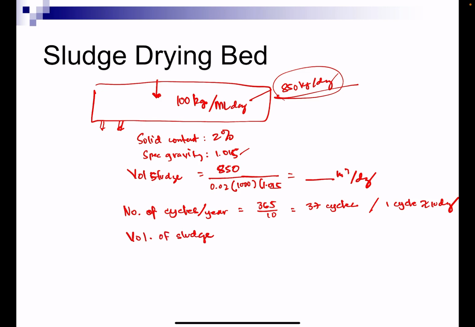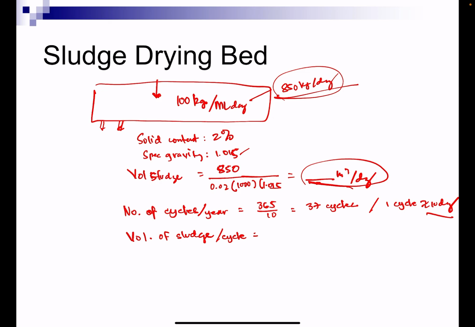So the volume of sludge per cycle would be this times the 10 days.